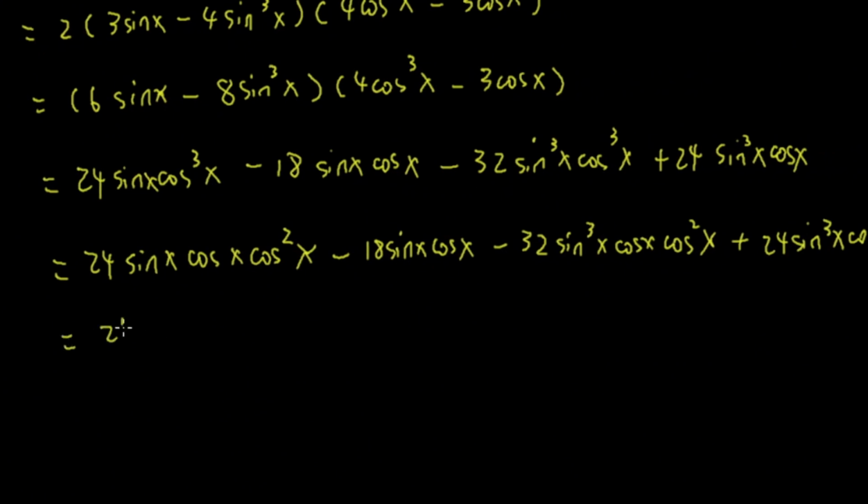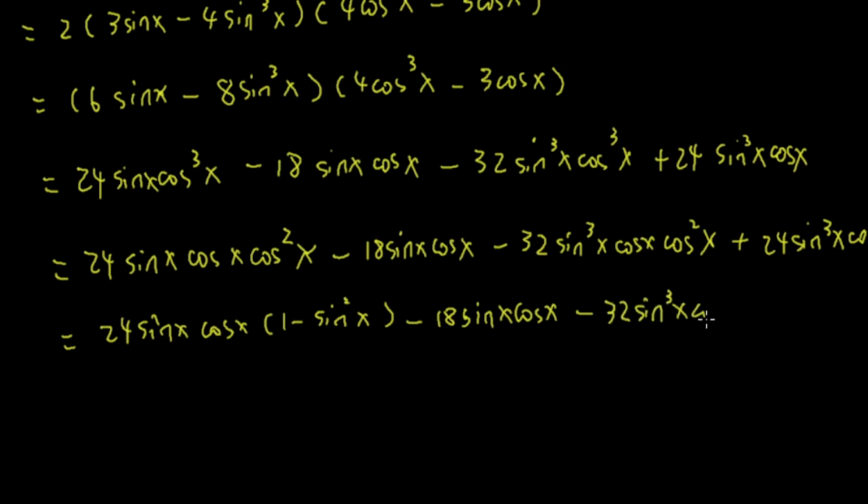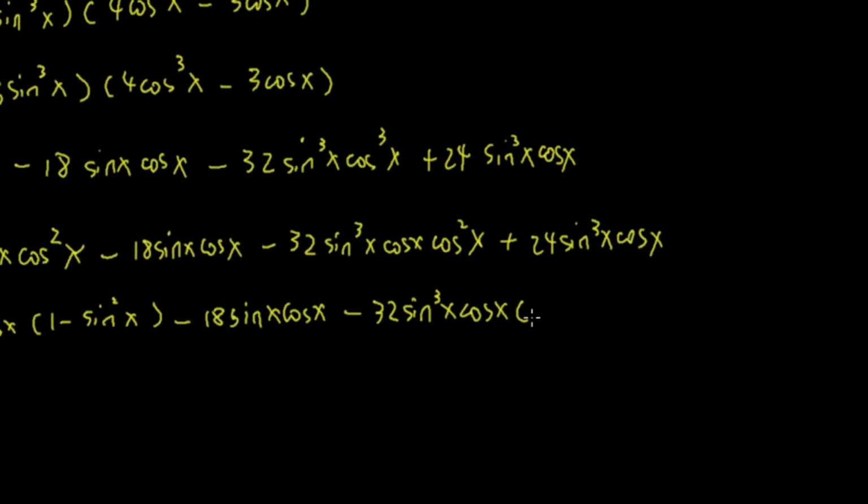Here, so this one will be equal to 24 sine x cosine x times 1 minus sine square x, minus 18 sine x cosine x, minus 32 sine cube x cosine x times 1 minus sine square x, plus 24 sine cube x cosine x.